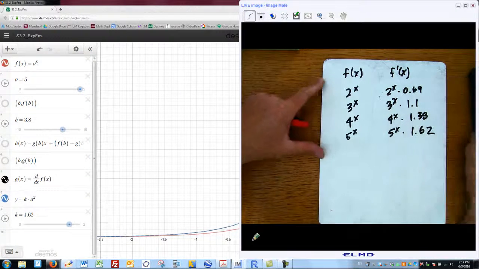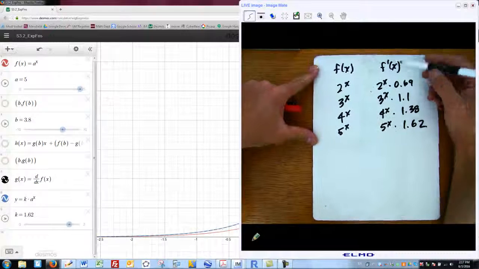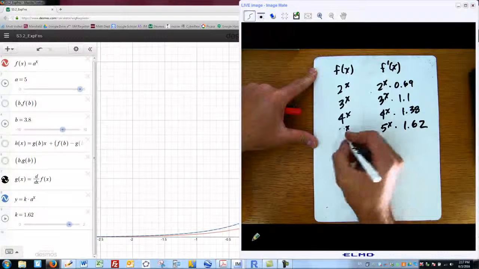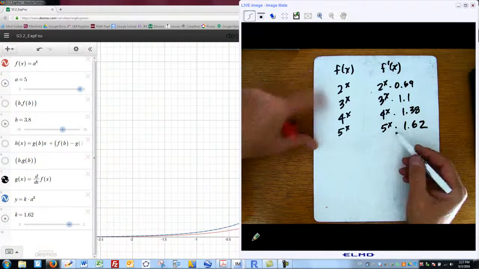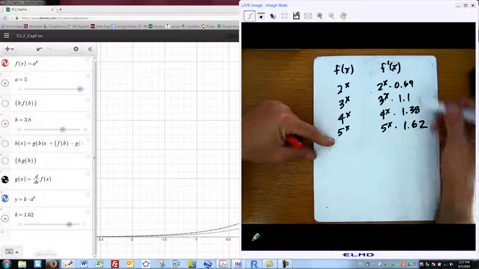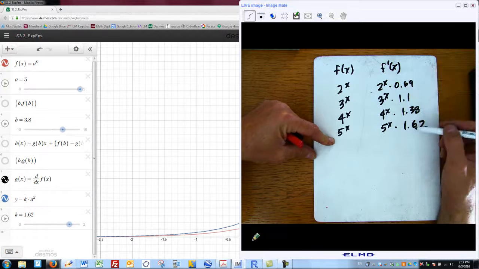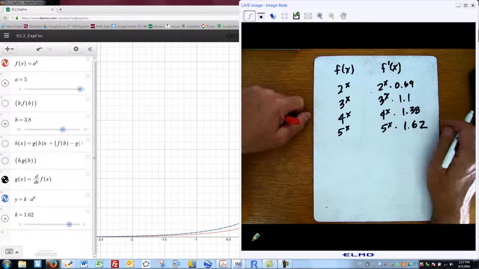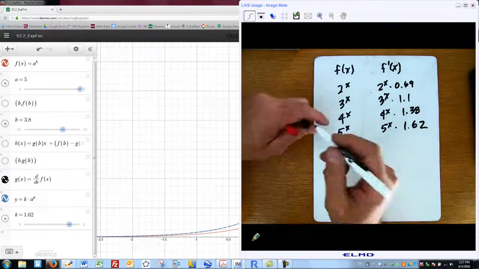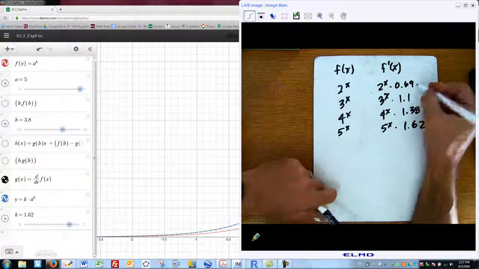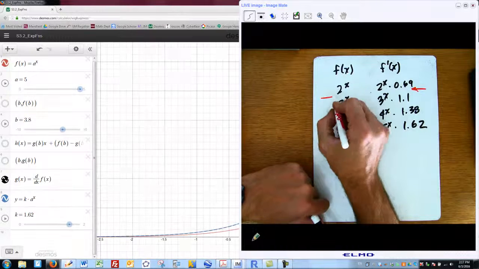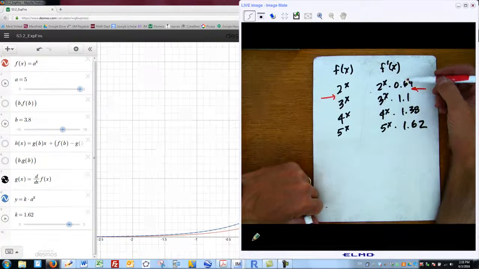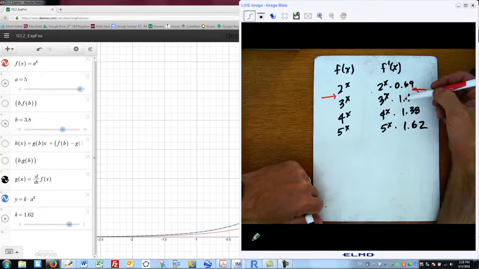And so the question is, if we want an algebraic definition of what the derivative is, we can see that one way we might write it is by just saying it's another exponential function with the same base with some k value, but we'd really like to know what function is governing that k value. We can't just say it's some k undetermined. So one thing I do notice that might be interesting to pursue is something interesting is going on between 2 and 3. I can see that k value goes through 1. So it goes from 0.69 to 1.1.